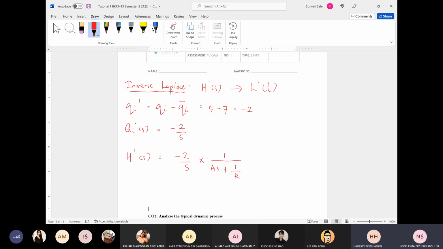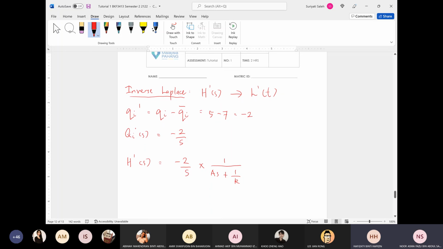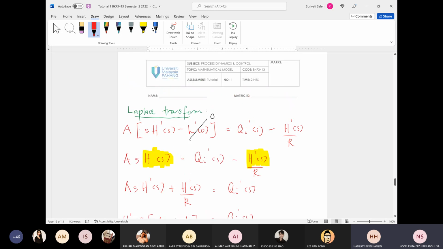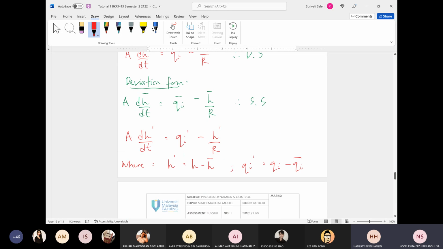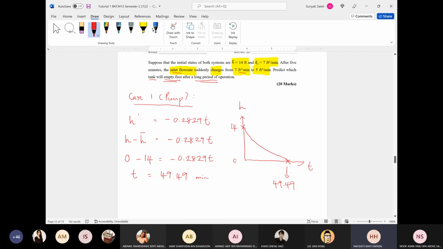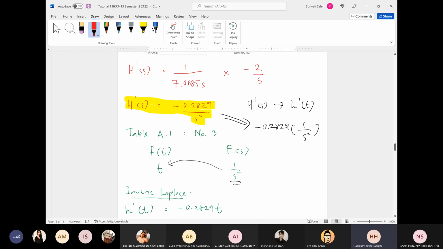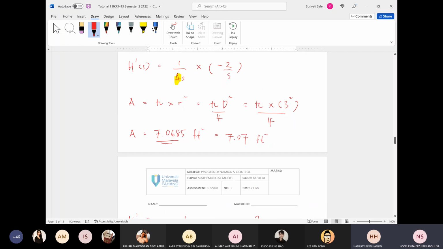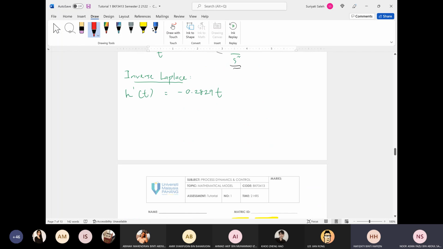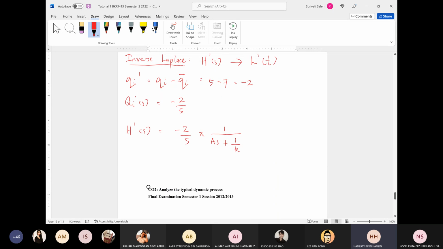Now we can substitute the value. In this case, it is the same shape of the area. So the area before is 7.0685 feet square.